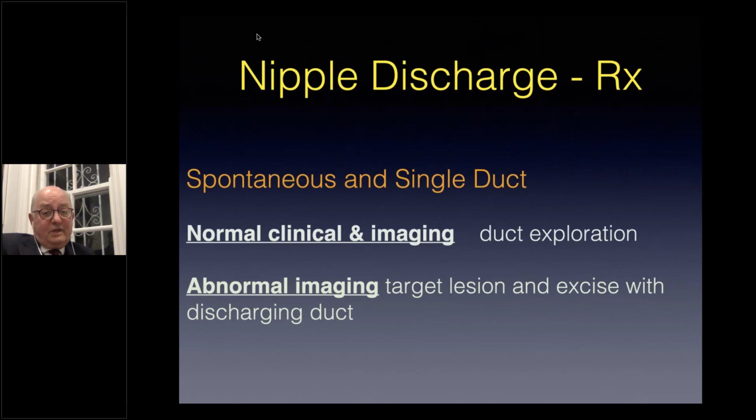With abnormal imaging, they're obviously being biopsied, and if it comes back as a papilloma and not a cancer, or some other variety of pathology, you need to excise it with the discharging duct.